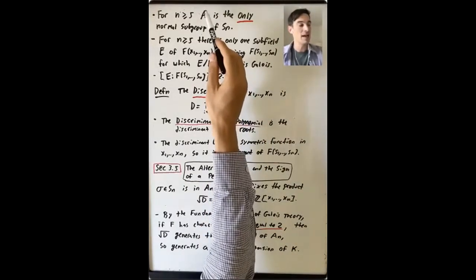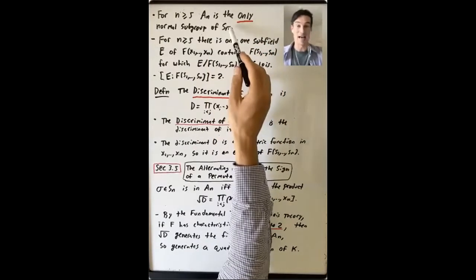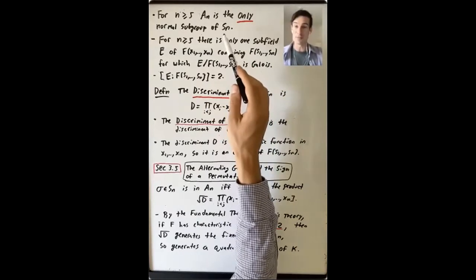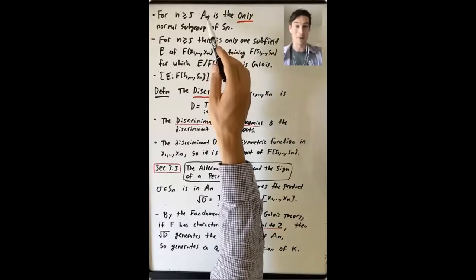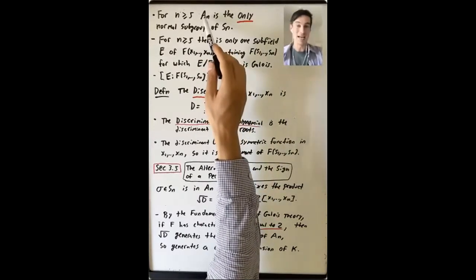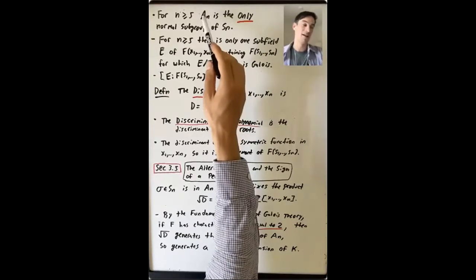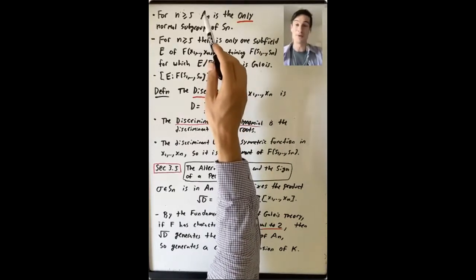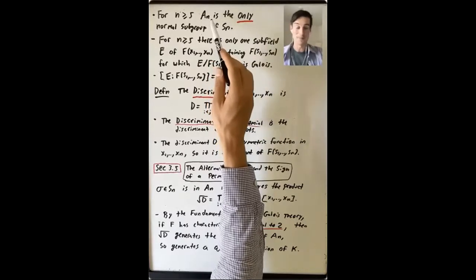The idea is that An is a normal subgroup of Sn. It has index 2, so it's automatically normal. So if you have another normal subgroup of Sn, a proper non-trivial normal subgroup, it can't be contained in An because we know that An is simple for n at least 5. So there are no proper non-trivial normal subgroups of An.